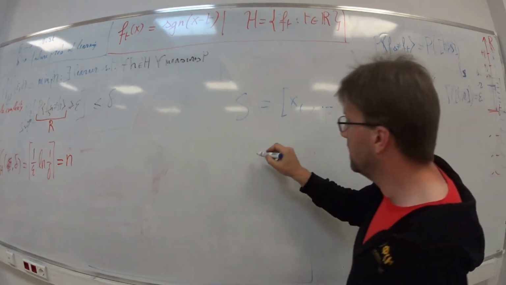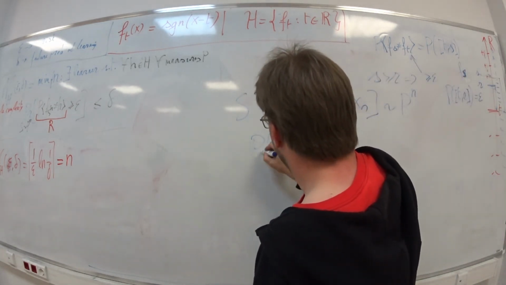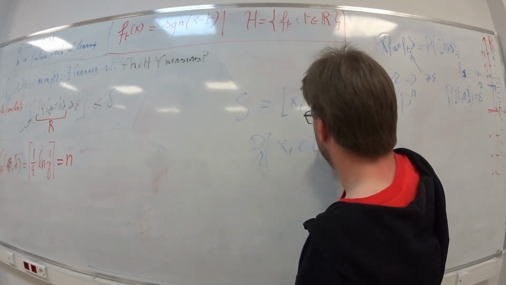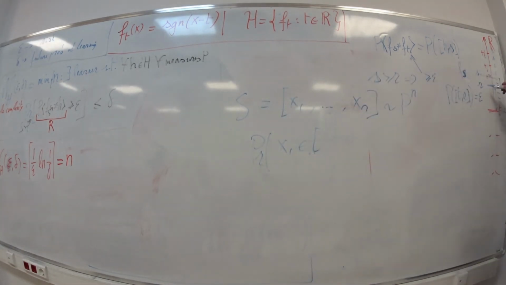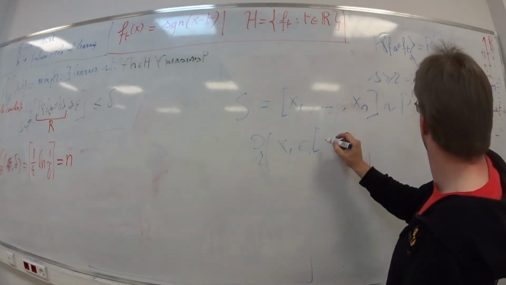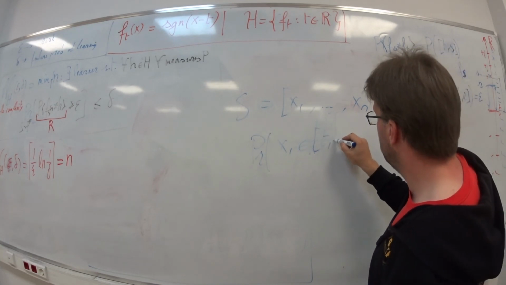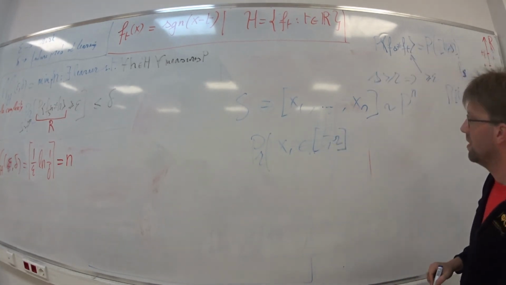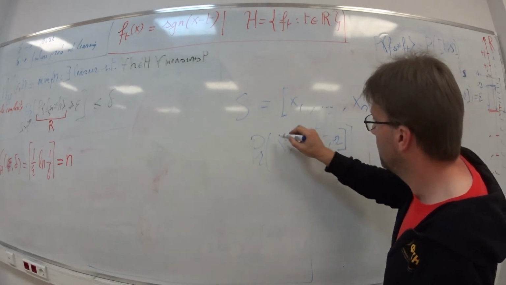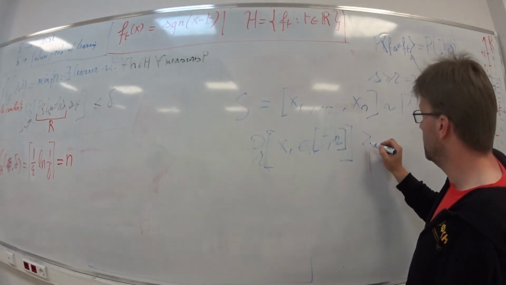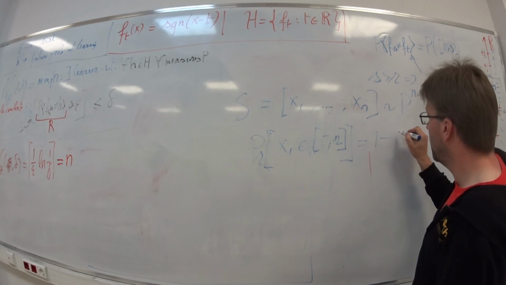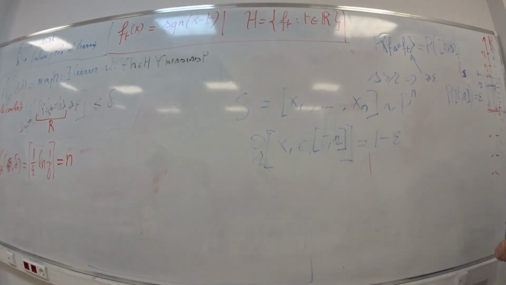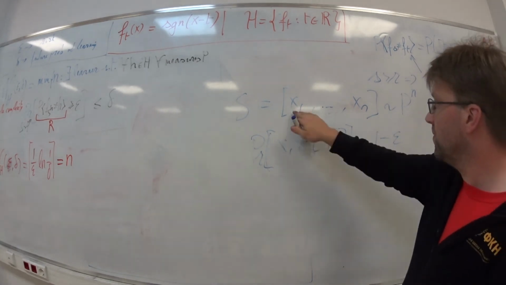So the probability that x1 is not in this critical region, so we will call this interval the critical region, the probability that it's not in Tr is exactly equal to 1 minus epsilon, by choice of epsilon, right? So that's for the first point.